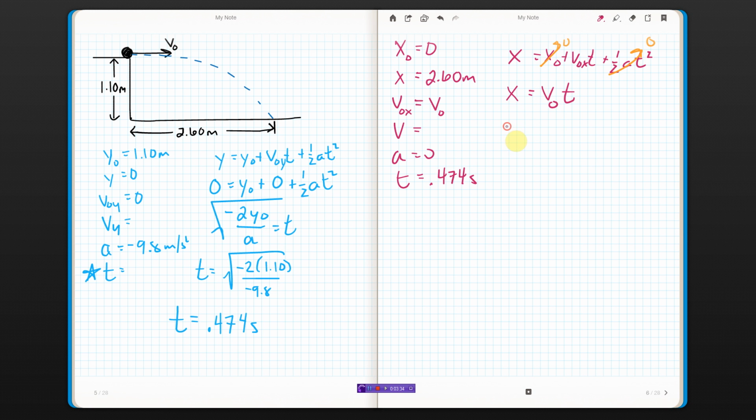So that means v naught is simply x over t. So 2.6 meters over 0.474 seconds. V naught is 5.49 meters per second. And that's it.